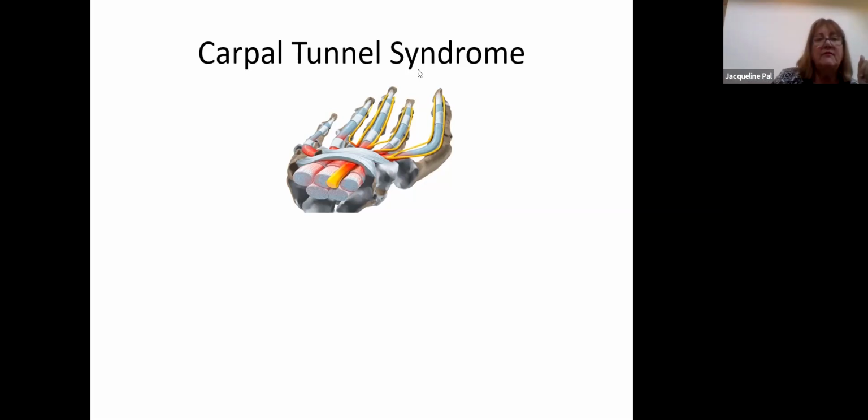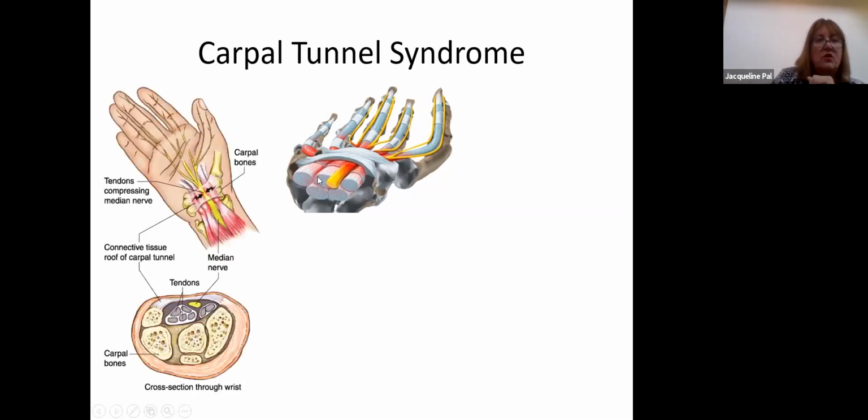And so the softest structure that is located in there is that nerve, which is the median nerve right in there. And so if you look at the cross section at the wrist, what you can notice is posteriorly, you have your carpal bones. You've got your wrist bones, so there's no place for anything to go. And so the softest, squishy thing is that median nerve.